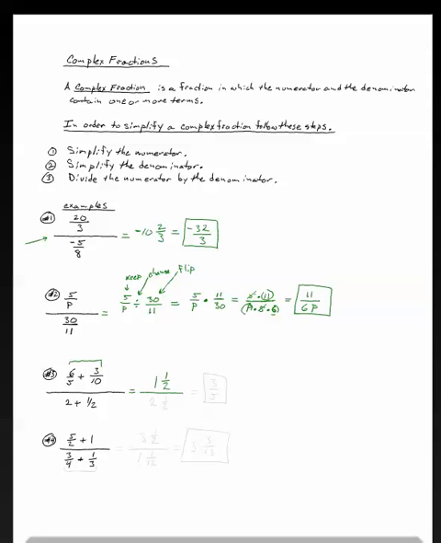Now, in the denominator here, I've got 2 plus 1/2, but we know that a mixed number is really a sum, so 2 plus 1/2 is just 2 and 1/2. The next thing I want to do is actually do this division. So this is 1 and 1/2 divided by 2 and 1/2.